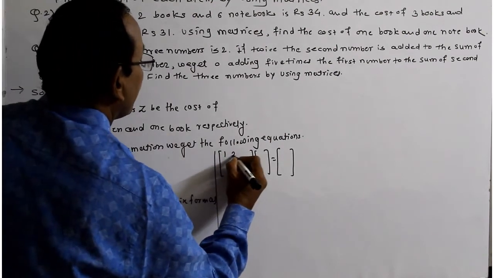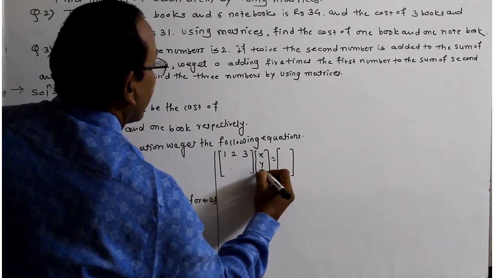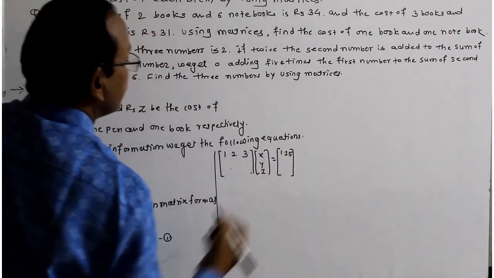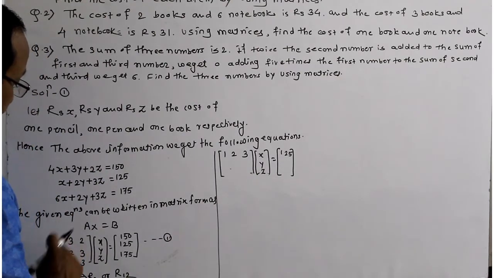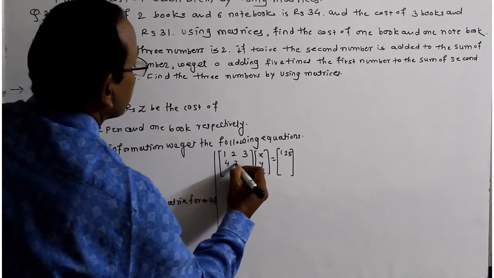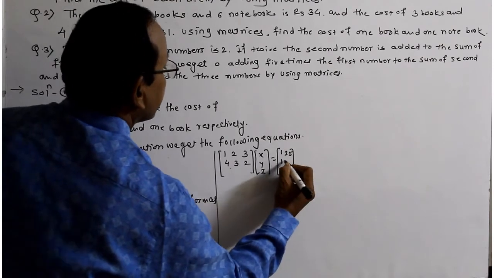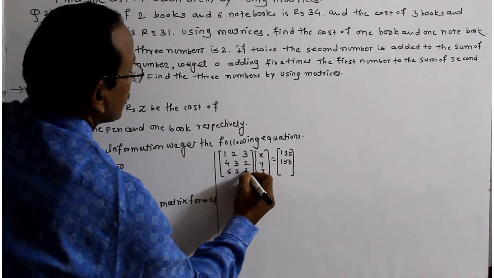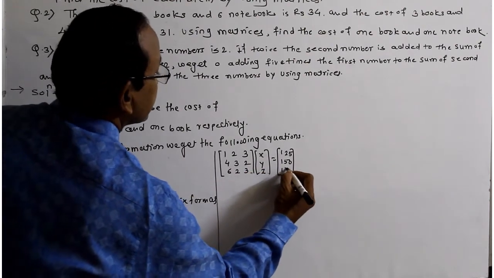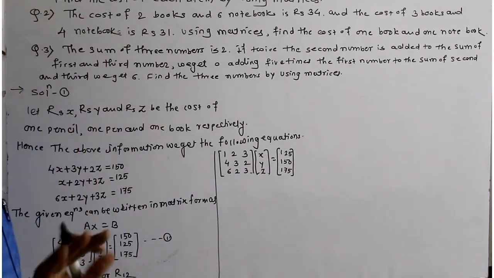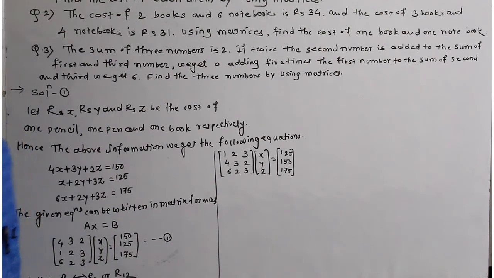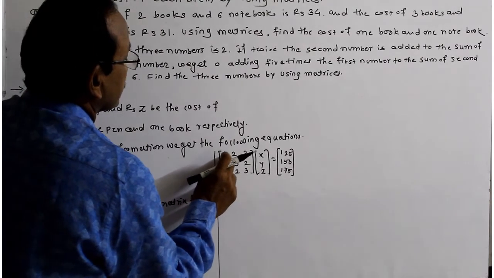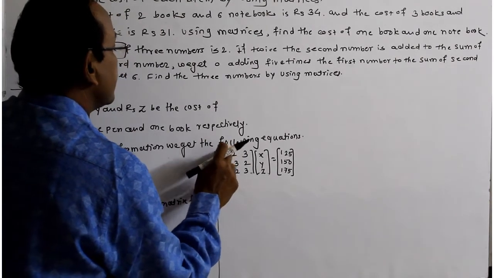So write here 1 2 3, x y z, then it is 125, then the first row as the second row, so 4 3 2 is 150, then 6 2 3, and then 175. So now first make this one, but here 1 is present.